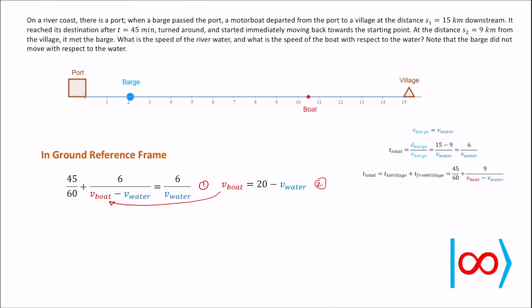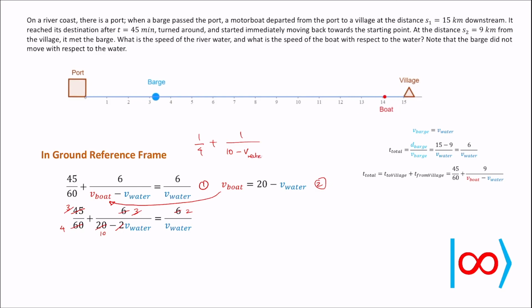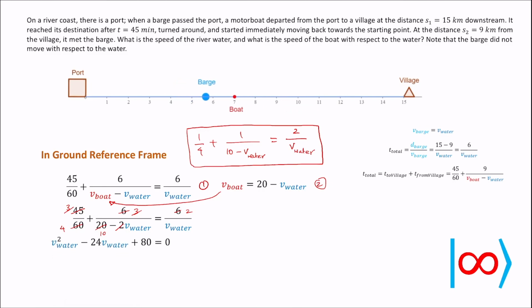Let us substitute the value of V boat in the first equation and simplify it. We get the following quadratic equation with variable V water.